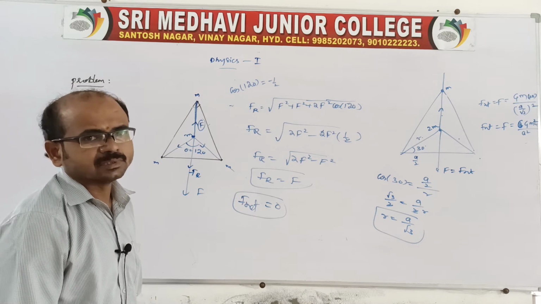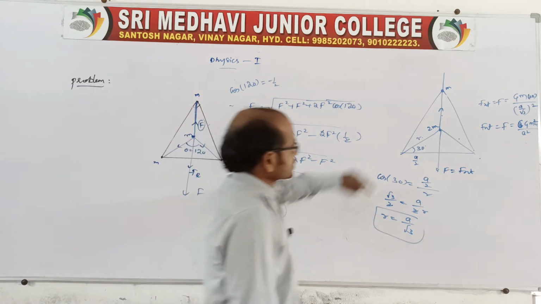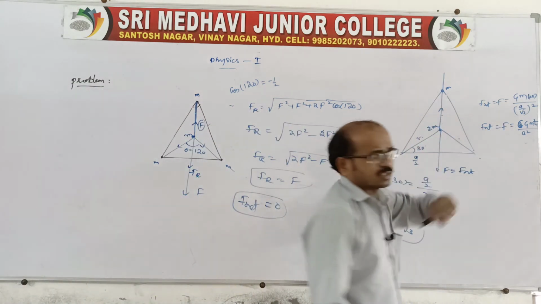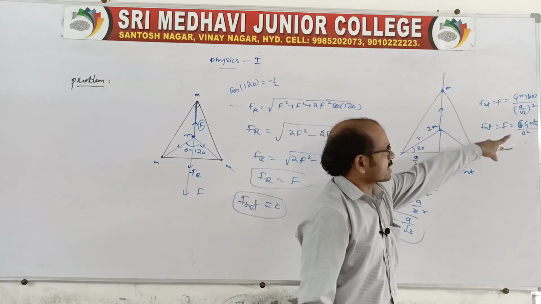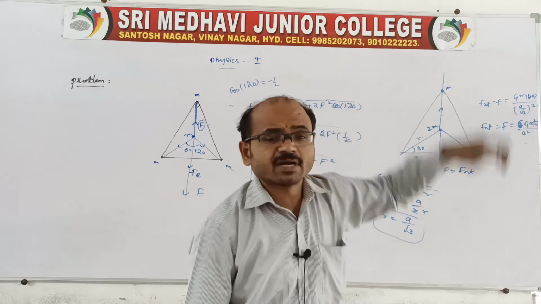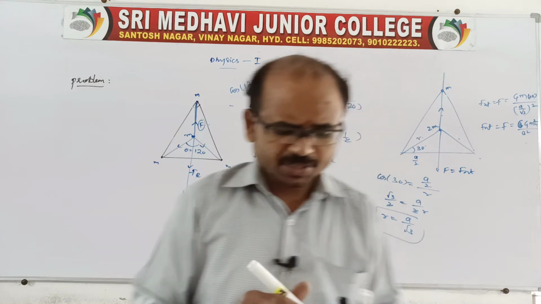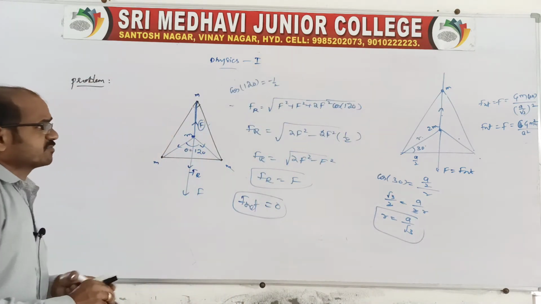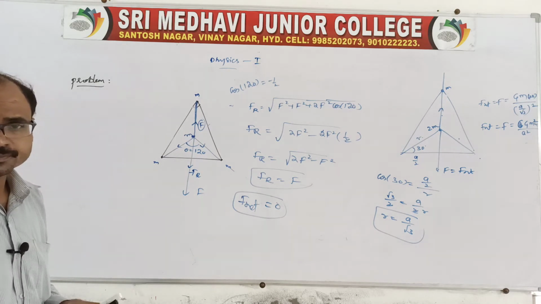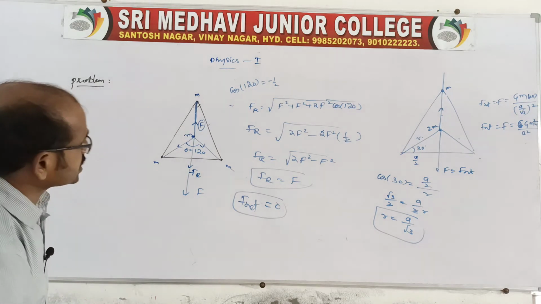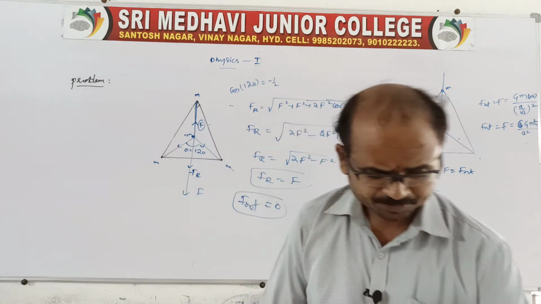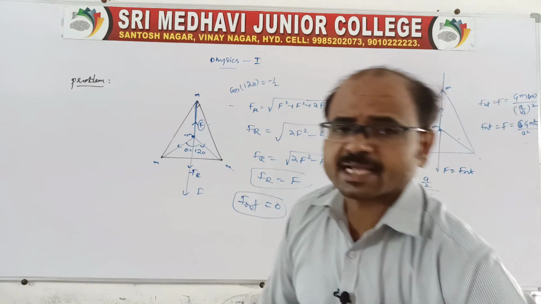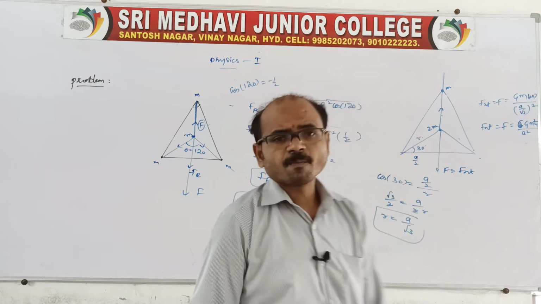Clear? So like that you take here also the same, and subtract them. You take this force also, and subtract the two, because they are equal and opposite, and by taking the subtraction we get the final resultant. So like this we have questions on the basis of an equilateral triangle, especially equilateral triangle. Clear?